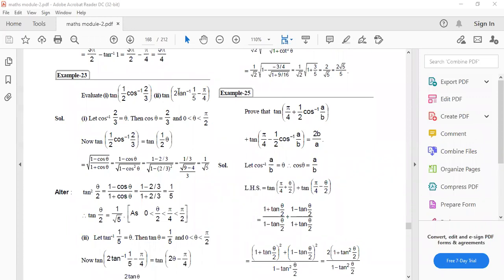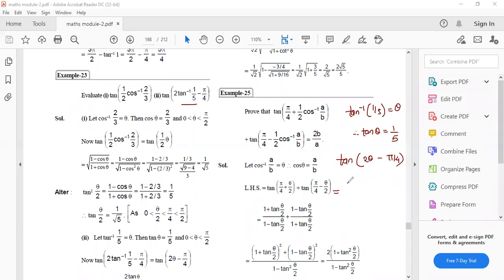So what we will have to do is call this tan inverse 1 by 5 as theta. We'll just call this tan inverse 1 by 5 equal to theta. So therefore tan theta will be how much? Will it be 1 by 5? Yes, all of you. And the expression will be tan of 2 theta minus pi by 4. Yes or no?